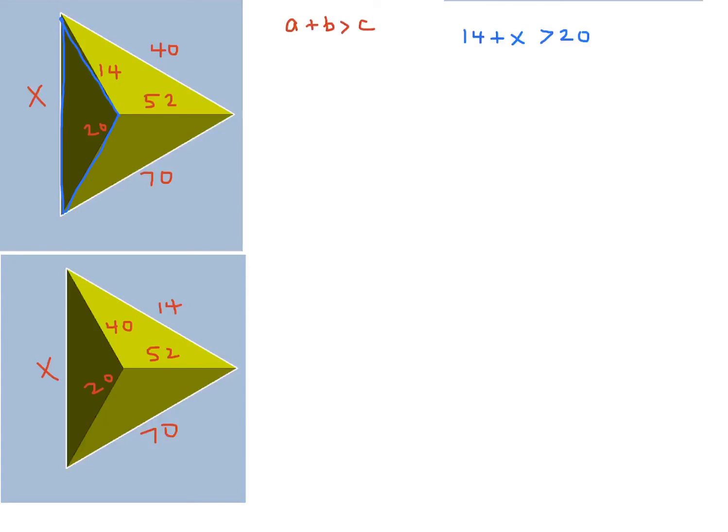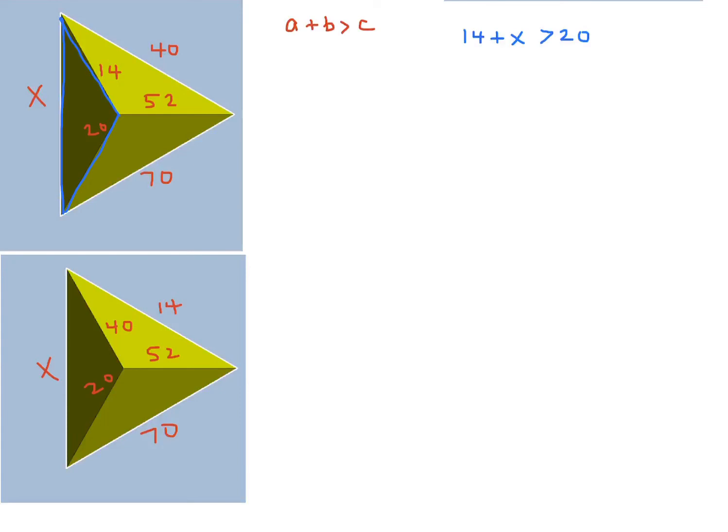Another rule, of course, is that if you look at the entire triangle like that, we can also get an additional relationship with x, 40, and 70. So that's also going to help us out quite a bit. And I'm going to do that as well, because this one itself won't give me a boundary.